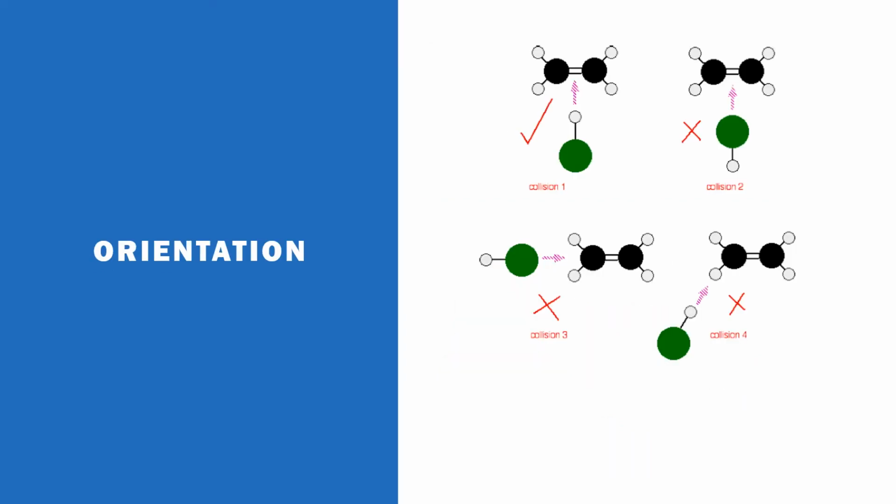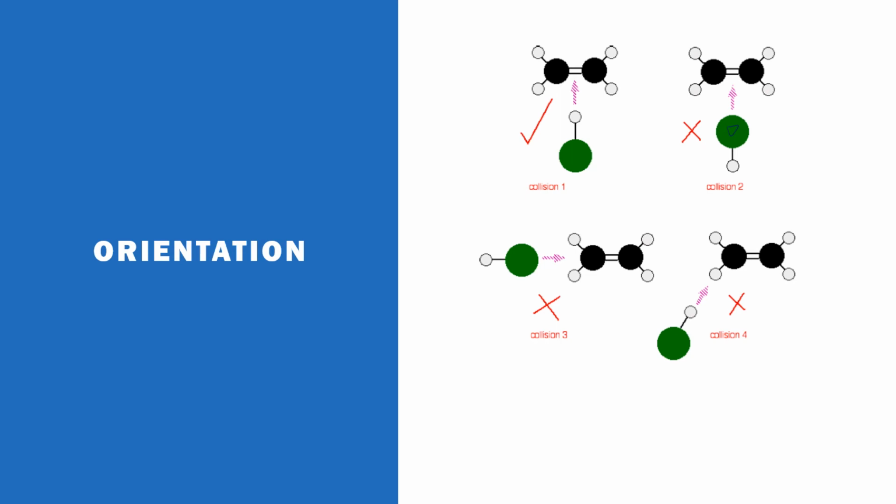And then the third part of the collision theory is, of course, orientation. They must collide in the correct spot, basically. So these are just a couple of drawings to illustrate that. Let's say, for example, the hydrogen atom here has to collide with the bond in order for that bond to break and form a new bond with the hydrogen atom. So this is a successful collision because it's in the correct orientation. But if the oxygen end of this ion here bumps in instead, no reaction.